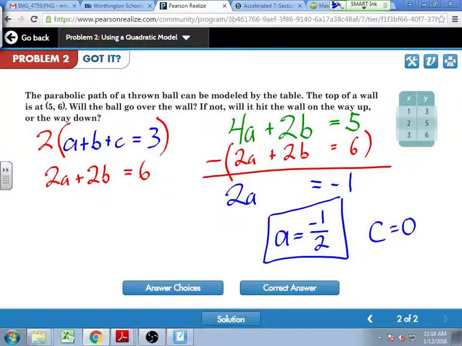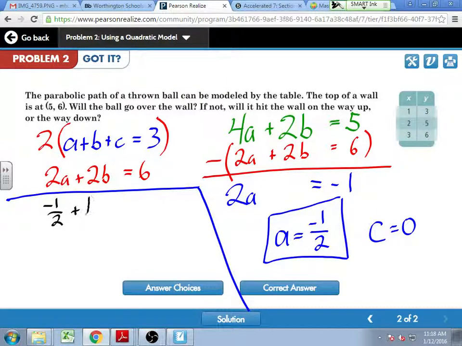I can take both those back into, actually I can probably stay on this screen. So I use my A plus B plus C, but A is now negative 1/2. B I don't know. C is 0. I could just not write it if I want. It's going to equal 3. What would B have to be in order for negative 1/2 plus B to be 3?